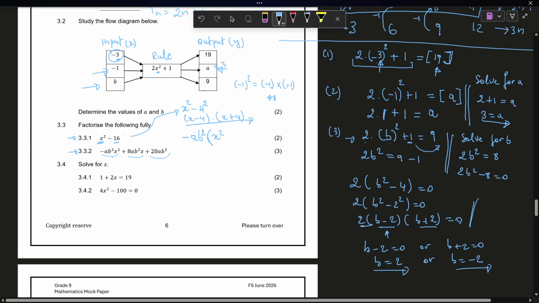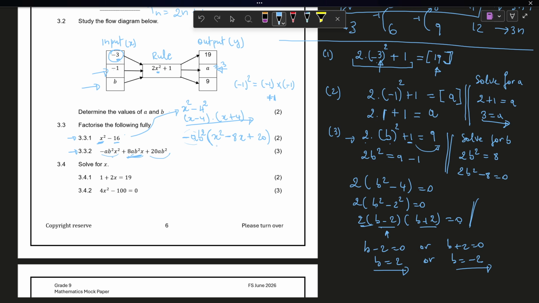I get x squared here. So when I divide, I need to divide each monomial by this common factor. So I'll have minus ab squared, and inside the bracket x squared minus 8x plus 20, right? So I factorize it.